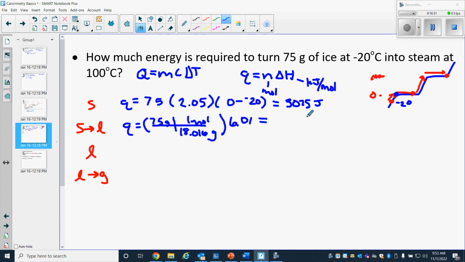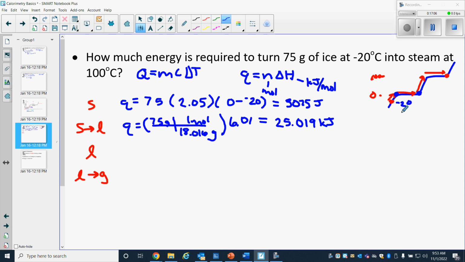So we have 75 divided by 18.016. That gave us moles. Multiply by the 6.01 kilojoules per mole. And this gives us 25.019 kilojoules. And like I said, I'm going to come back and do sig figs and check units in a moment. So that got us to this corner where we are still at 0, but now we are a liquid.